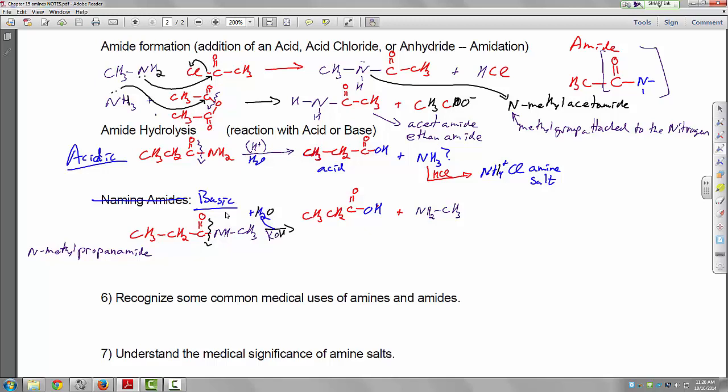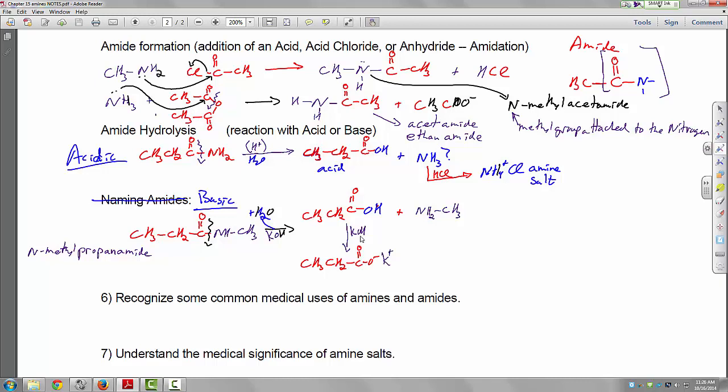right, under basic conditions. So a better way to think about this is, again, this guy is still in the presence of this potassium hydroxide. And what happens when we have an acid and a base like potassium hydroxide? We will get the carboxylate salt. So again, this is going back to the last chapter. Here's our carboxylate. Right?